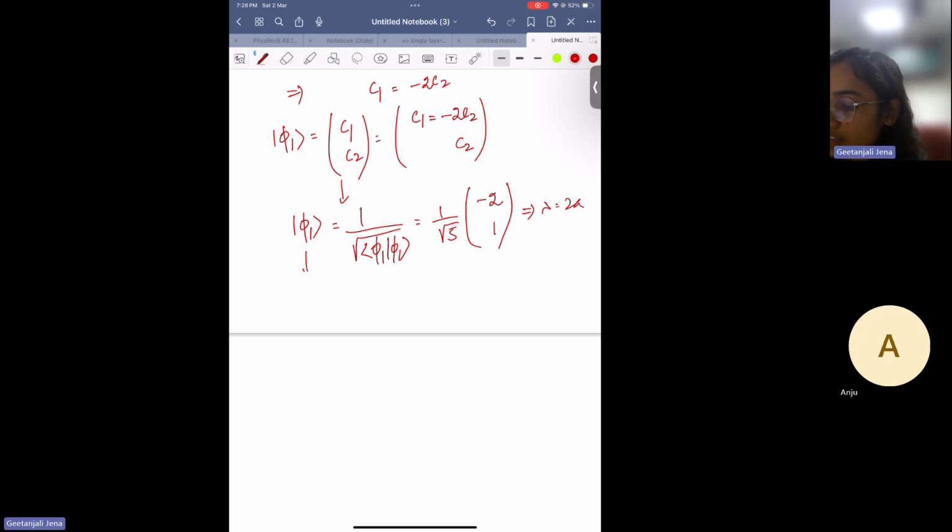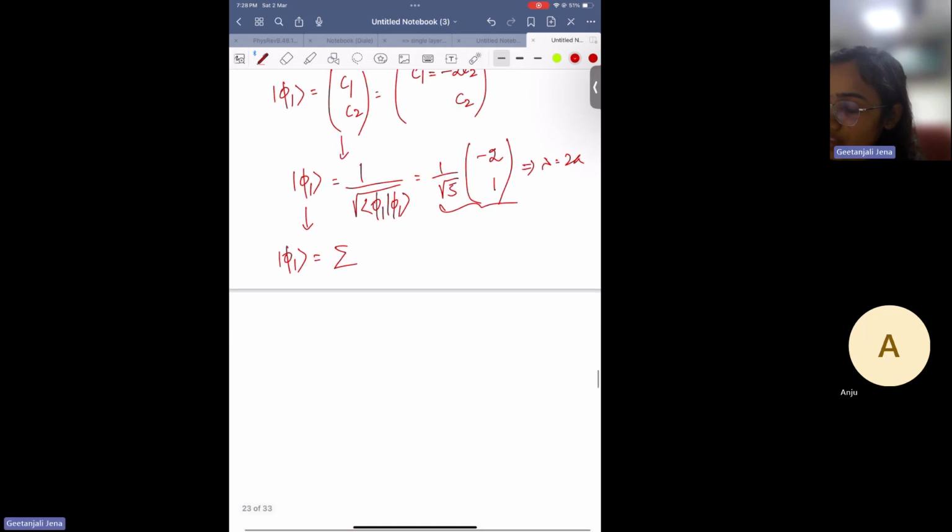So this is the matrix equation, right? You have to write it in terms of Dirac form. If you want to write it in Dirac notation, what is the procedure? It is the sum of Cn with the orthonormal basis, which is |1> or |2> here.